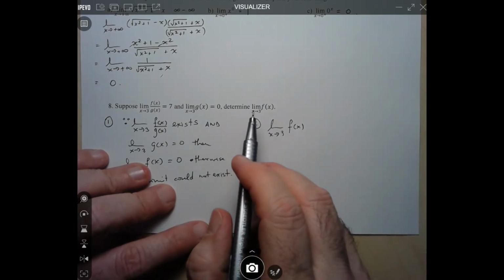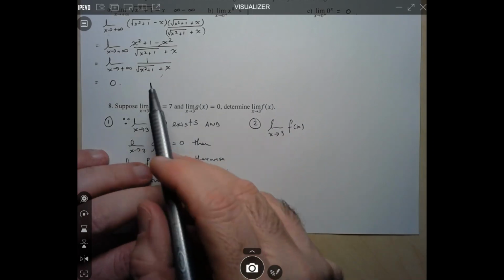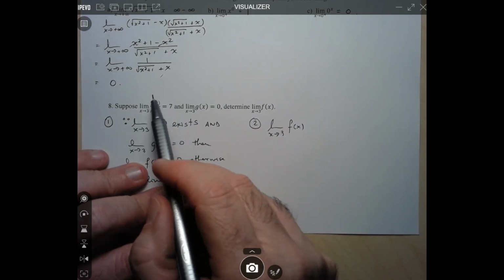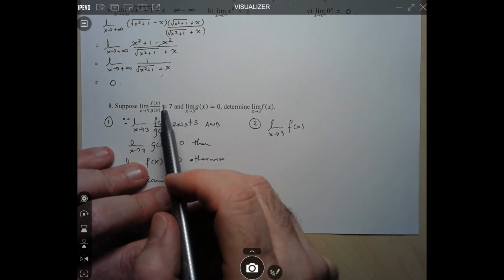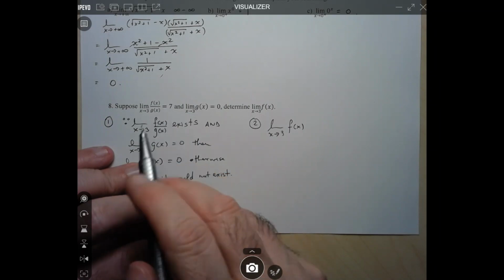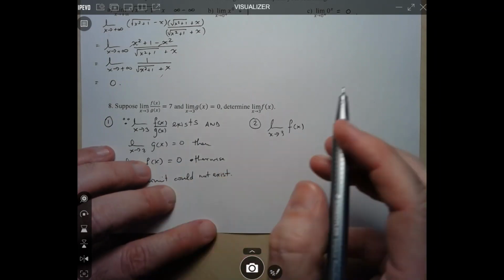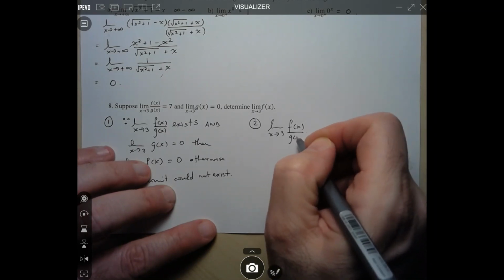But the information that I'm given is about the quotient f(x) over g(x). So what I want to do is use the fact that I'm given the limit of f(x) over g(x).